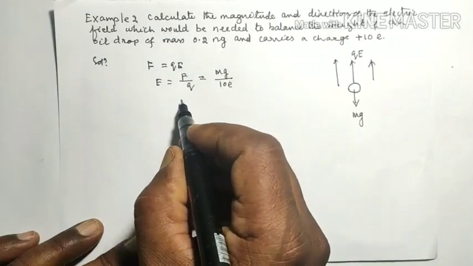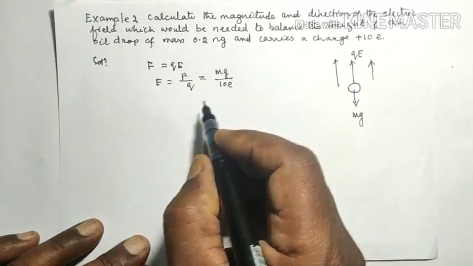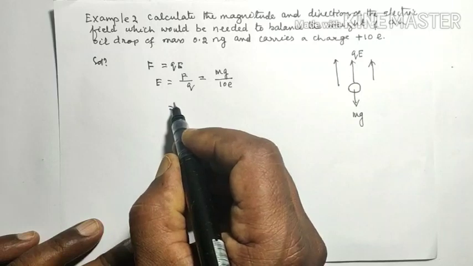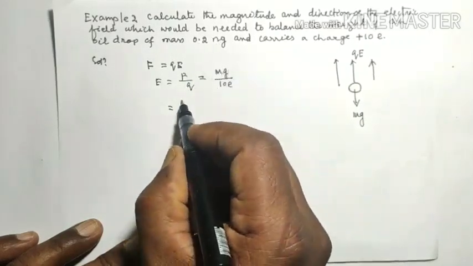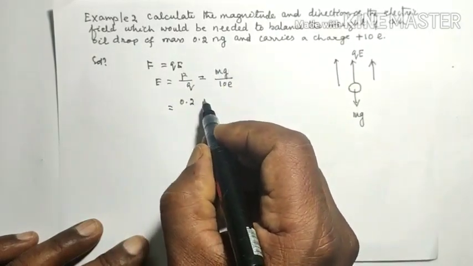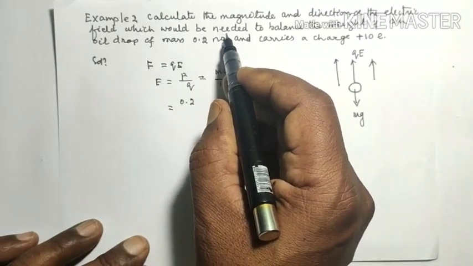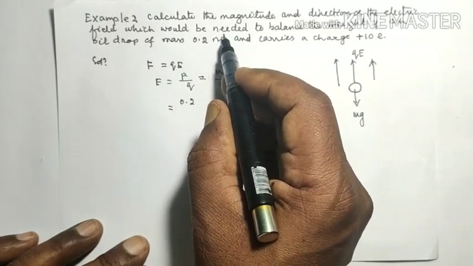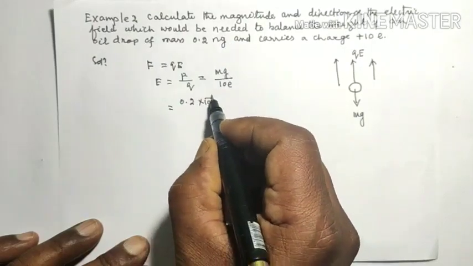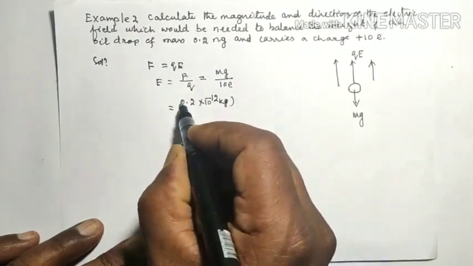So put the value of m, g and E. M is given 0.2 nanogram, that is 0.2 in kg, means nano means 10 to the power minus 9, and 1 gram is 10 to the power minus 3 kg. So 10 to the power minus 9 minus 3, 10 to the power minus 12 kg.